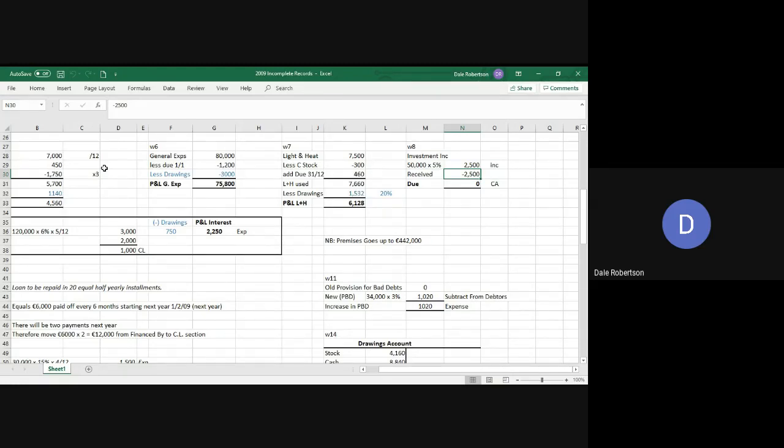So we have received that 2,500. Therefore, the amount due is zero. But in another question, we may only receive 1,000, and you would have 1,500 due, for example. And so the investment income working will yield you an income and possibly a current asset, but not in this case.